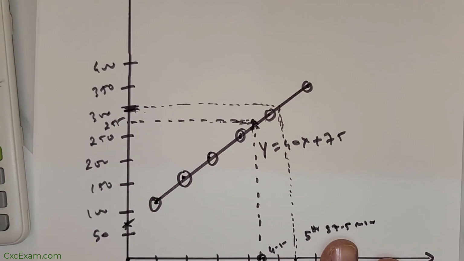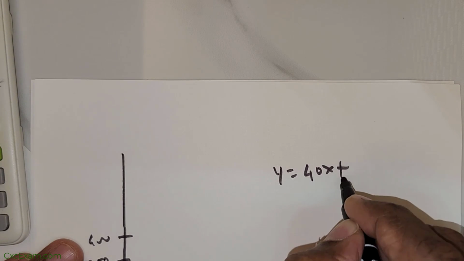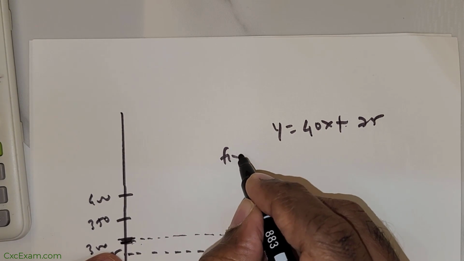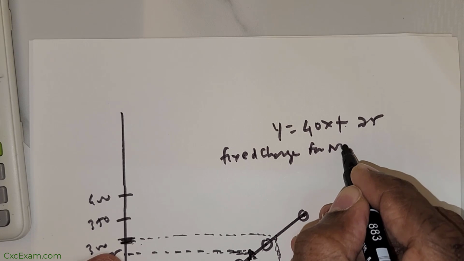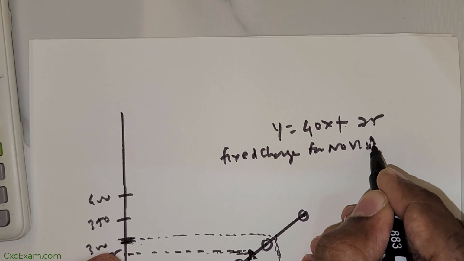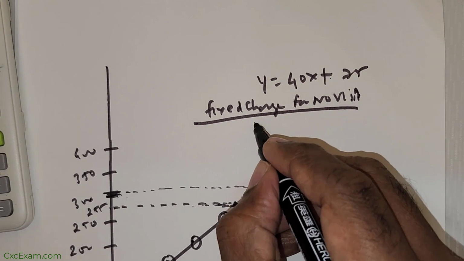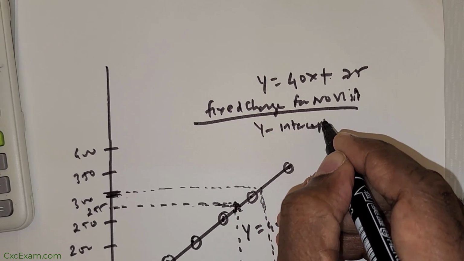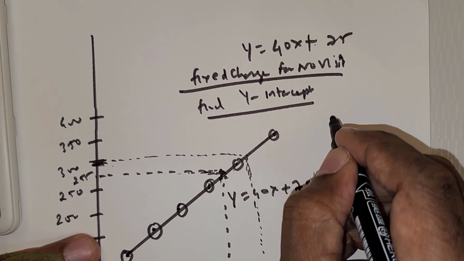Now the fixed charge for a visit. So y is equal to 40x plus 75. This is got by finding the y-intercept. You need to state that you find the y-intercept. How are you going to find it?